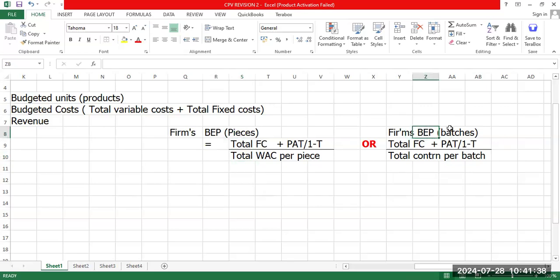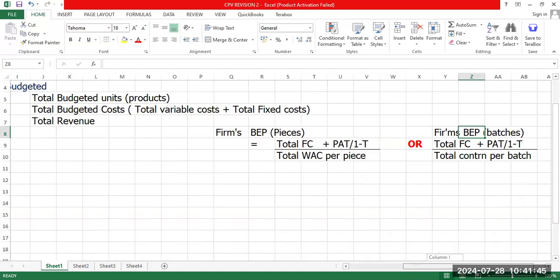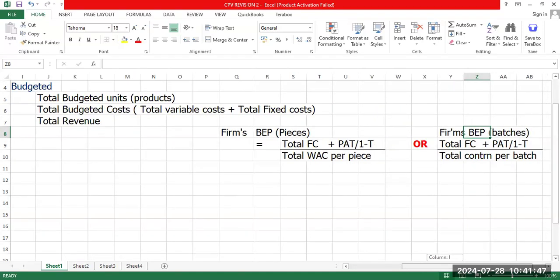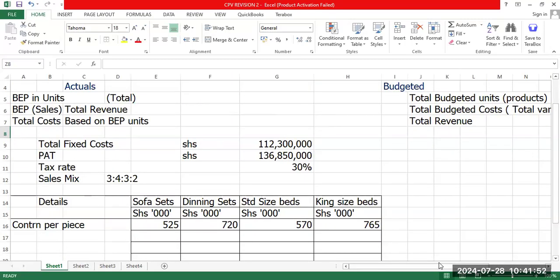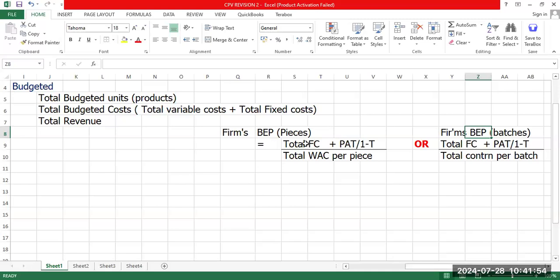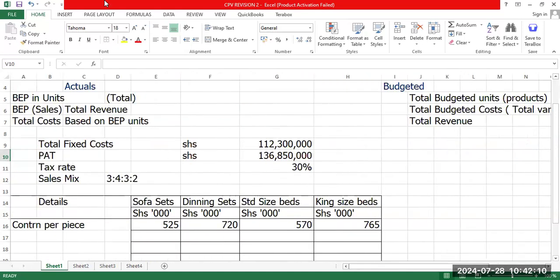At the end of it all, you will have the same total break-even point in pieces. So this is the formula you need to get break-even point in pieces. You have total fixed cost, you have PAT, you have tax rate. What we don't have is total weighted average contribution per piece. That's what we are trying to find out.